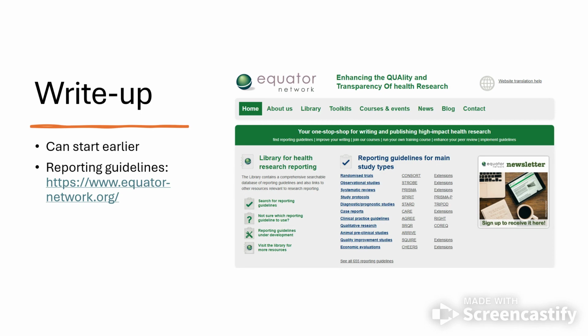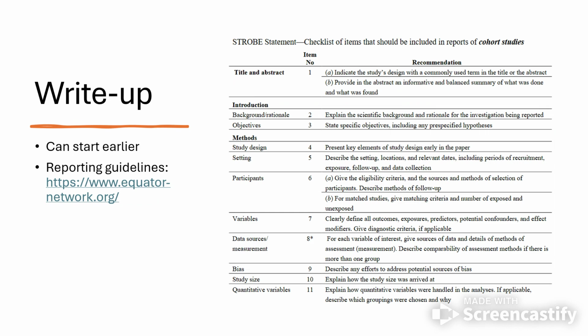My number one tip for writing up a research paper is to look for a reporting guideline. The Equator website here has 655 reporting guidelines at the time of broadcasting this, and these are essentially cheat sheets that show you what to put in a research paper of various types. So this is the STROBE statement, which is for observational studies, and this one's specifically for cohort studies.